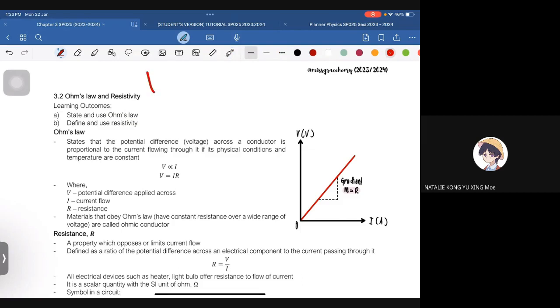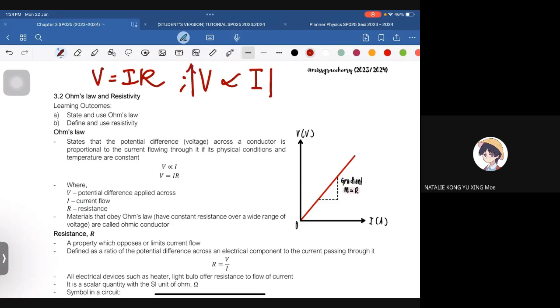So we know that Ohm's law is V is equal to I R. So sekarang ni kalau the physical conditions and temperatures are constant, which is related to the resistance, voltage will be directly proportional to the current, meaning a higher voltage means a greater flow of current.